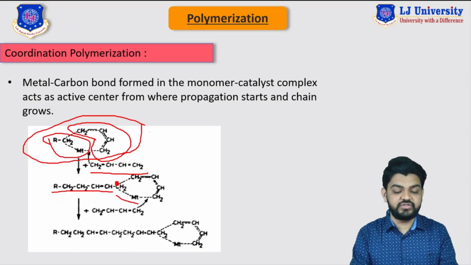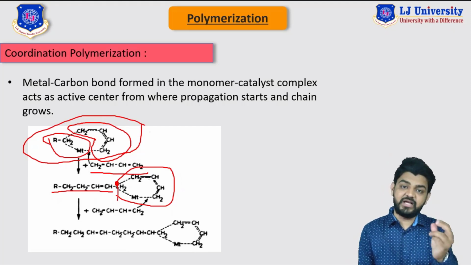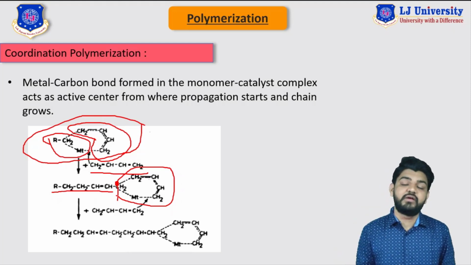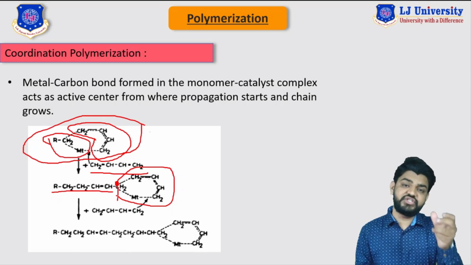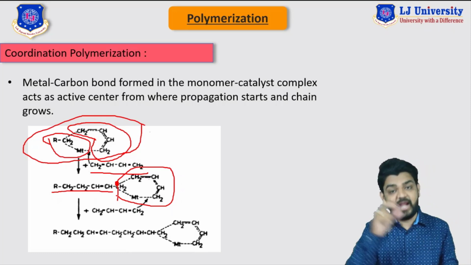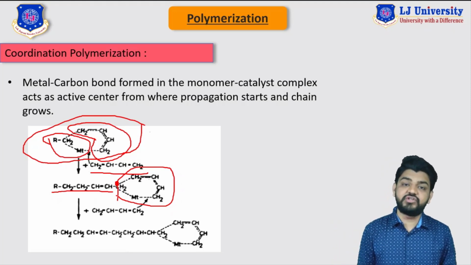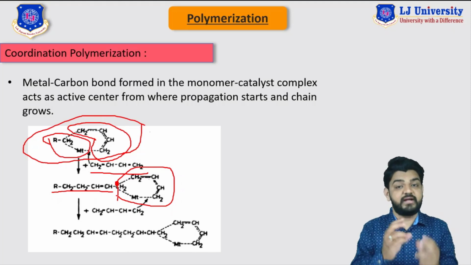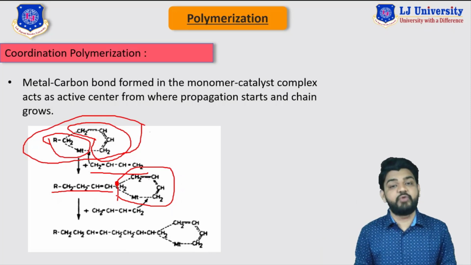We have also seen this thing in all of the polymerization processes. In free radical polymerization, the free radical was used to transfer to the last carbon, right? So the free electron from the initiator was shifted to the last atom of the polymerization chain. And we have also seen in ionic polymerization, the ion was transferred from the intermediate carbon to the last carbon of the polymer chain.